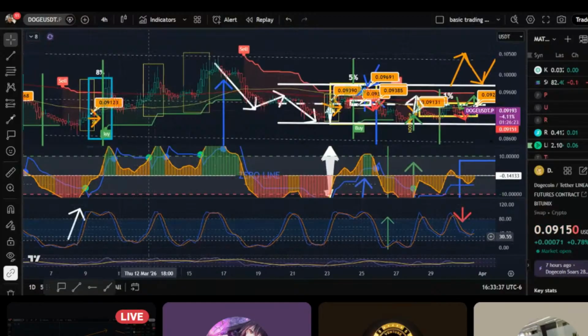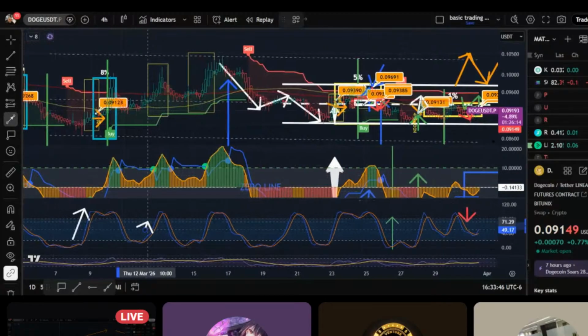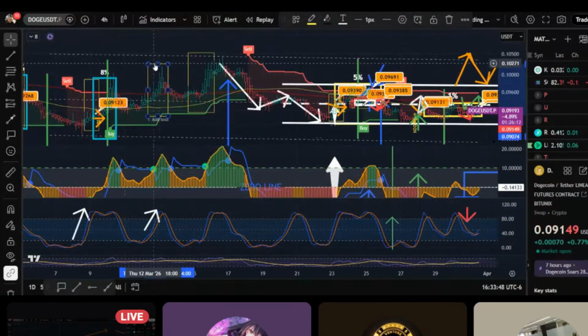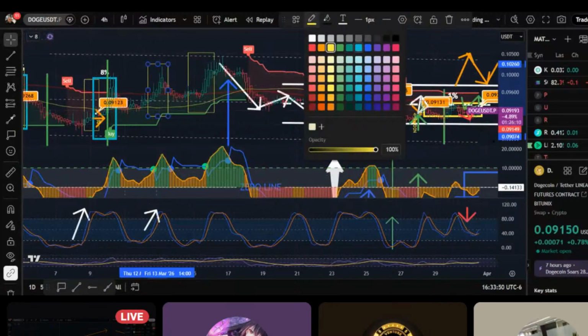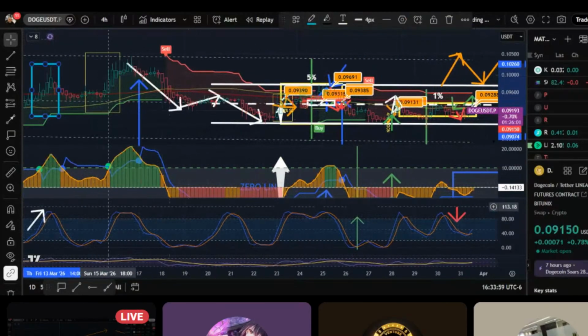So here's an upward move that has a 4-hour green moon to it as well, right here. There's another one, 4-hour up, green moon.